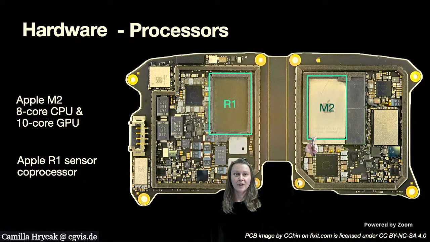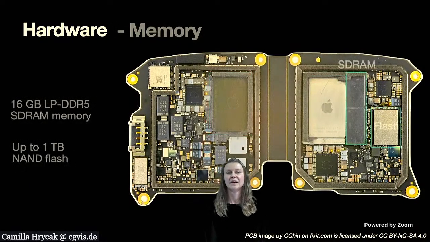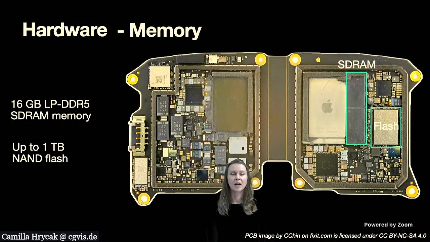And then we have the M2 system on a chip, which is also used by Apple notebooks and consists of an 8-core CPU with a 10-core GPU. This, in combination with 16 gigabytes of RAM and up to 1 terabyte of flash storage, makes the Vision Pro well suited to handle computationally intensive tasks, such as volume rendering.